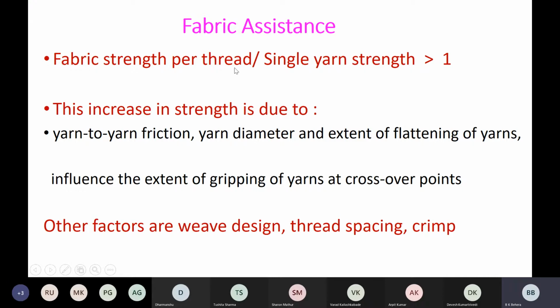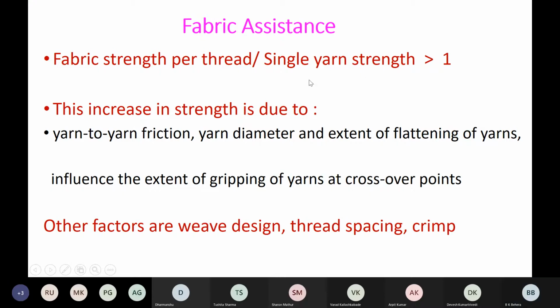So fabric strength per thread divided by single yarn strength, the thread from which this fabric is made, is always greater than 1. Normally we express it in percentage. We call it fabric assistance percentage.